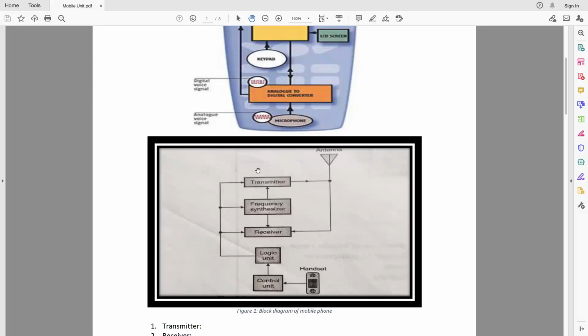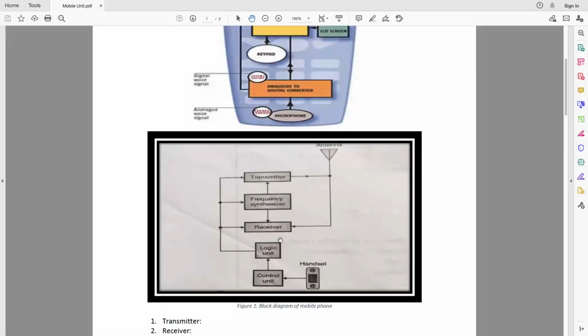So what is the function of the transmitter? The transmitter converts a digital signal into a suitable analog signal which is used for the transmission of the signal through the electromagnetic spectrum in the form of an electromagnetic signal. In the reverse way, we can think of the function of the receiver.